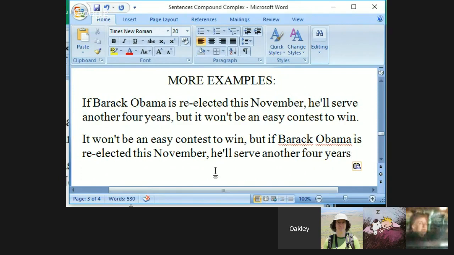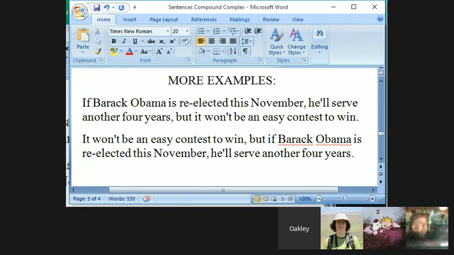Yes, very good. Does it still mean the same thing? It won't be an easy contest to win, but if Barack Obama is re-elected this November, he'll serve another 4 years. Okay, same meaning.